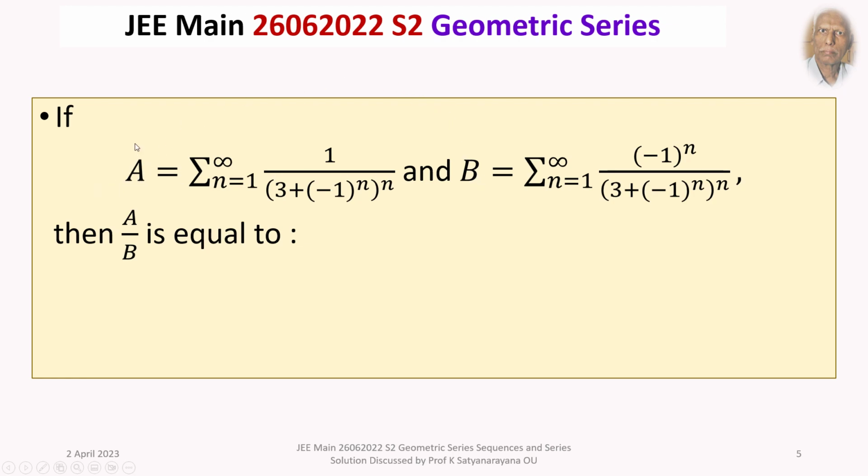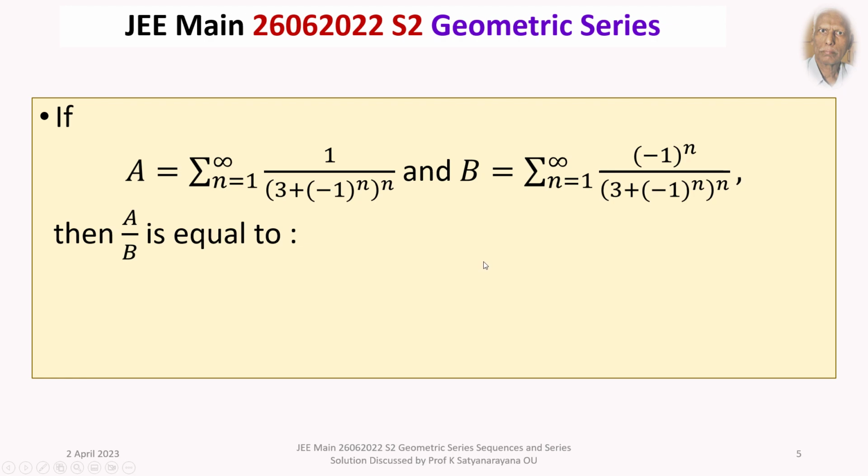So A is the sum of the infinite series n is equal to 1 to infinity 1 by (3 plus (minus 1) to the power of n) whole power n. And the second infinite series is this one, whose sum is B is equal to sigma n is equal to 1 to infinity (minus 1) to the power of n by, in the denominator, (3 plus (minus 1) to the power of n) whole power n.